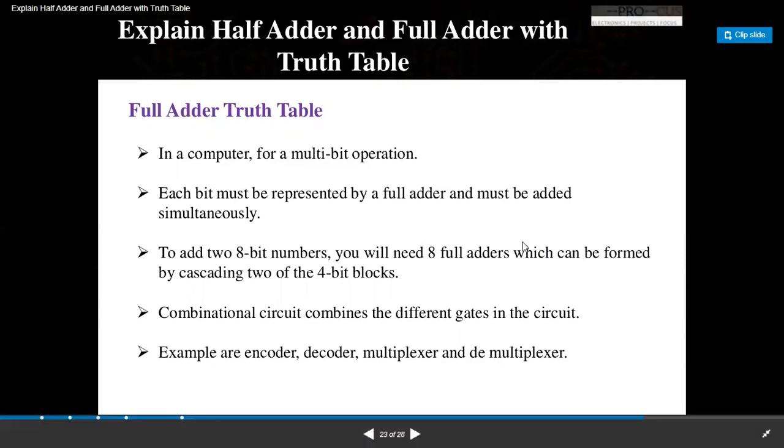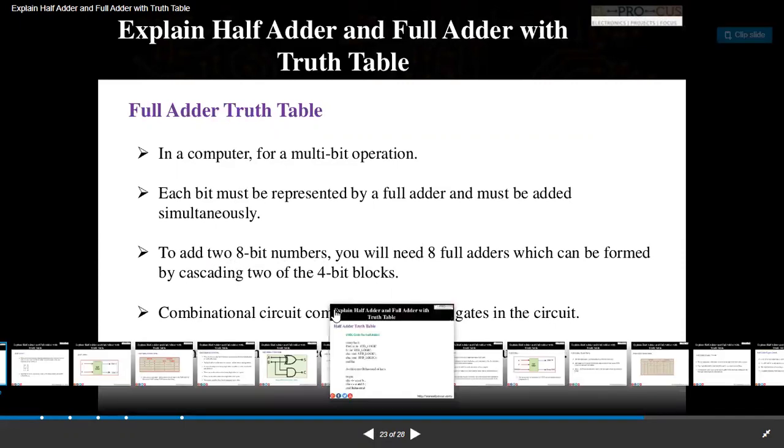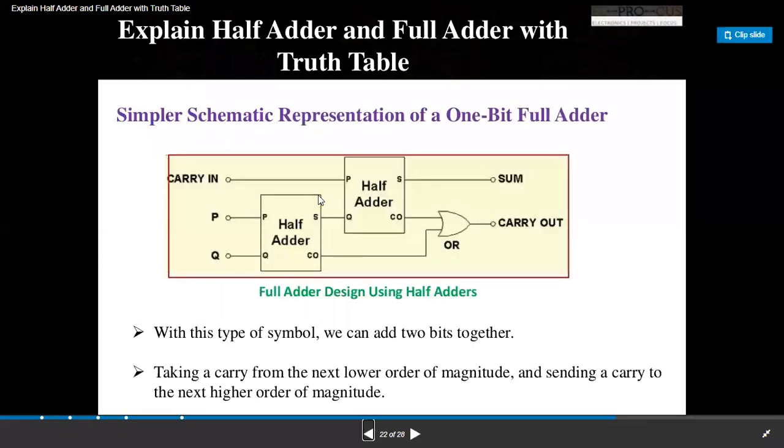Always remember that to add 8 bits to 8 bits, with bits 0 to 7 and the next 0 to 7, when we want to add them at a time, we need 8 full adders, which can be formed by cascading two 4-bit blocks, one after another, to obtain the sum and carry out.